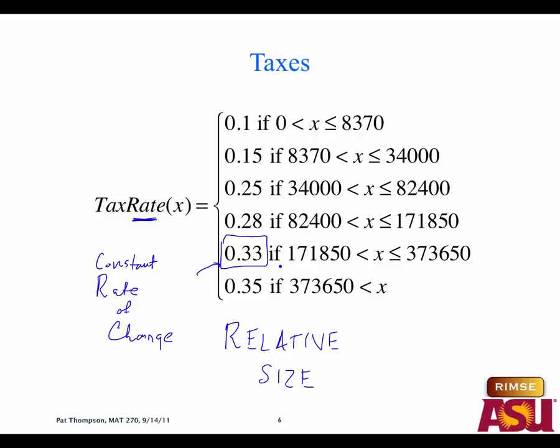Sorry, I meant 300,000. So here we are, we're making 300,000. Yes, it is 33% on everything greater than 171,000 up to 300,000. But in this function, we want to think of it as the tax rate on the next dollar that you're going to earn, or on the current dollar that you're earning. So if we're making 300,000, we think of that 0.33 as the rate on this current dollar at 300,000.